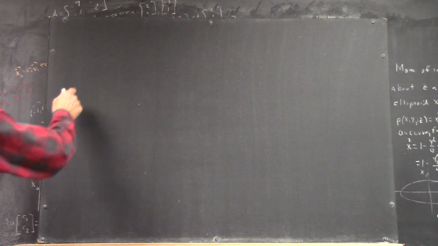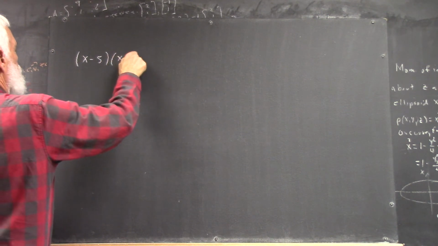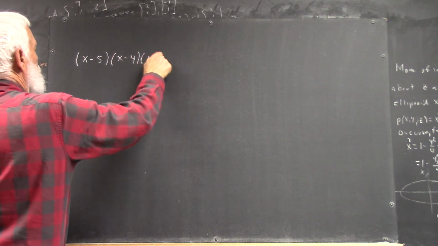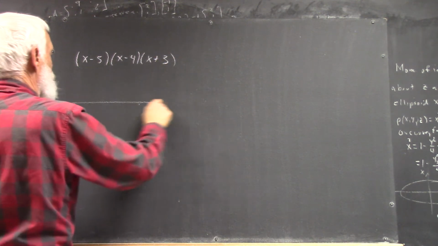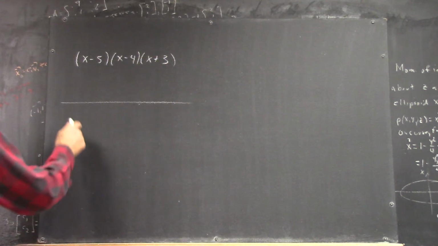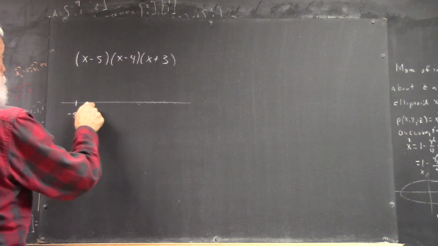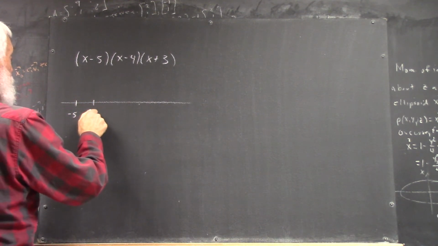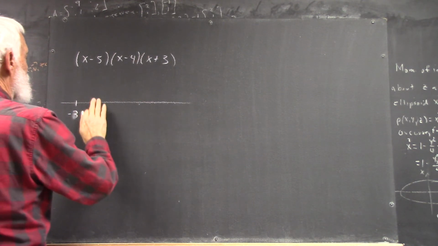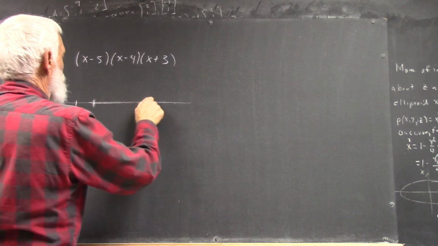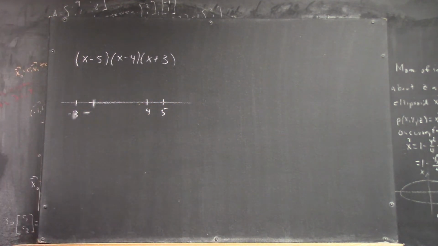Like if you have x minus 5 times x minus 4 times x plus 3. This partitions the x interval in the way we talked about at the points -3, and at 4, and at 5.